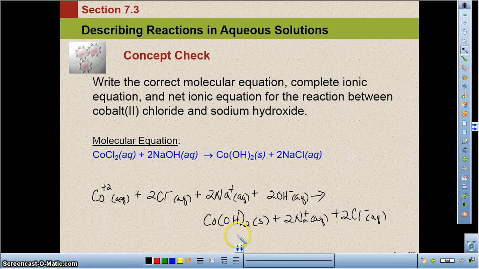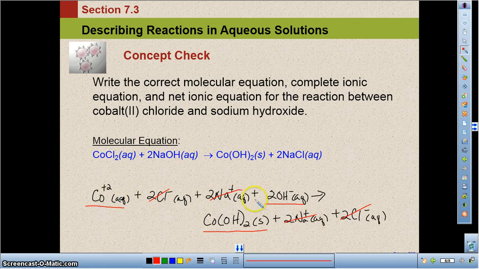So we have to go through and find out what our spectators are. Let's find out who the players are. Here's my player, cobalt 2 hydroxide. So I need to go back and find my cobalt and my hydroxide, because that's what goes together to make the cobalt 2 hydroxide. The other ones should end up being spectators. So we have 2 chloride ions here and 2 here, so we can cancel those. We have 2 sodium and 2 sodium. We get rid of those.